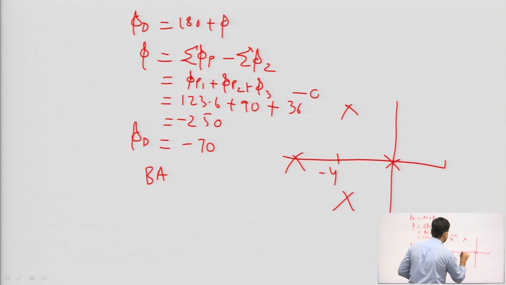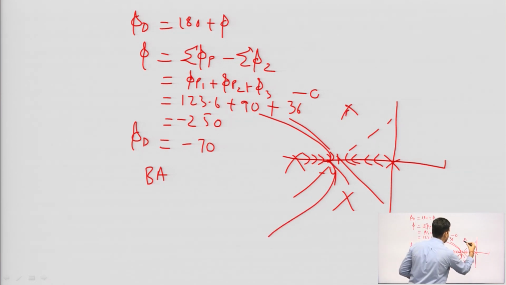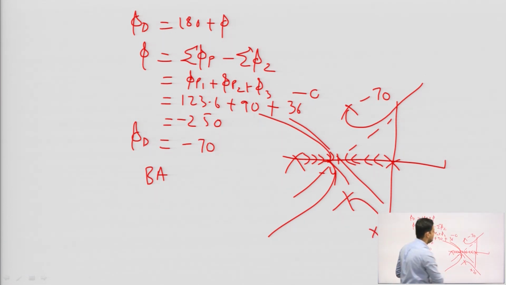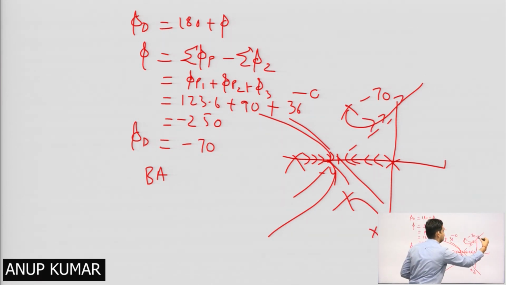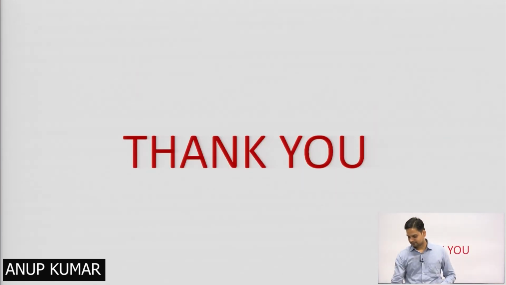One pole from the origin comes to minus 4, and this pole will also come to minus 4. One branch will terminate at infinity like this, the second will terminate at infinity like this, and this pole will terminate at an angle of minus 70 and this pole at an angle of plus 70. So this would be our final root locus. Okay, so thank you for today. This is the example of root locus.